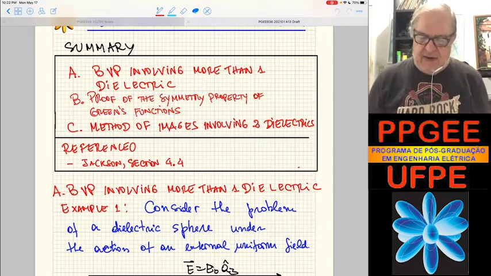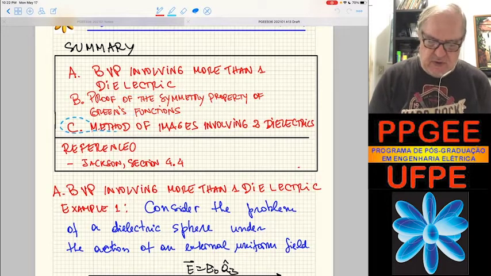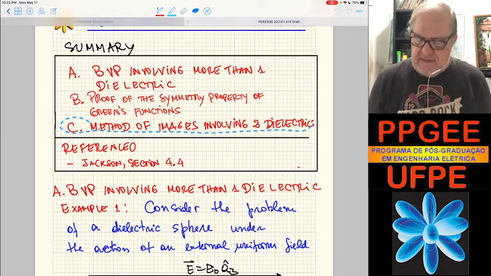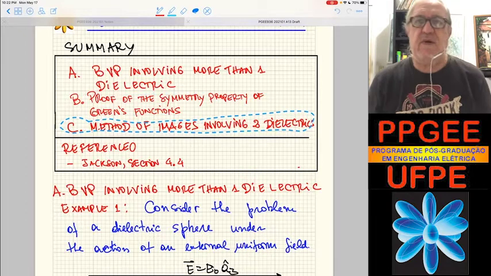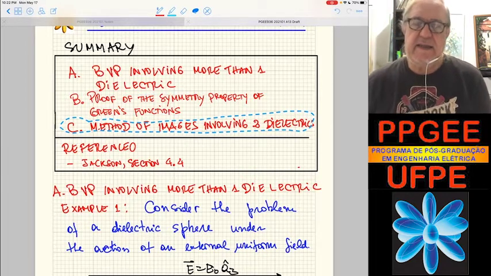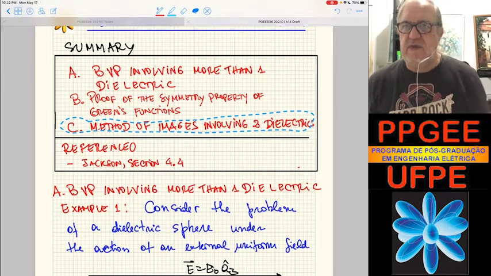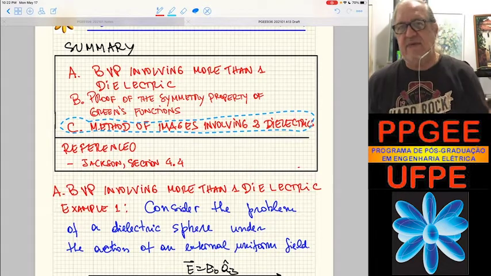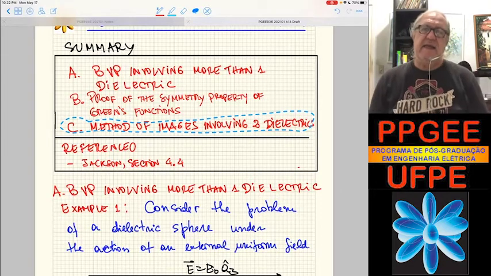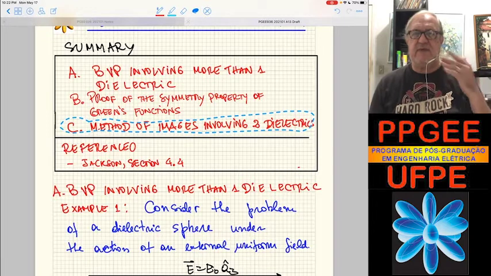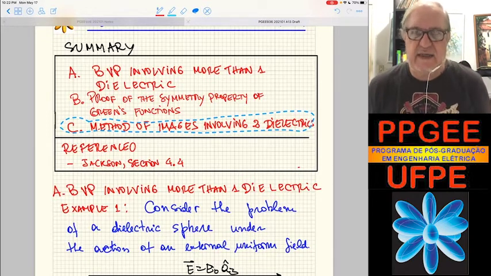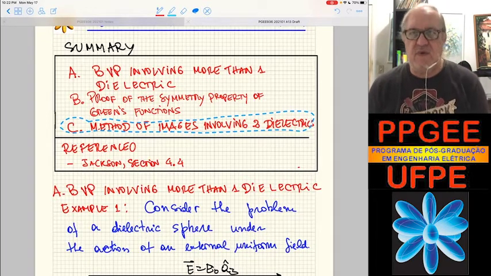And finally, we're going to show you how to solve the method of images involving more than one dielectric. You are going to have a point charge in one dielectric, then you have one type of surface that separates this dielectric from a neighbor dielectric. Then how would we solve this problem?